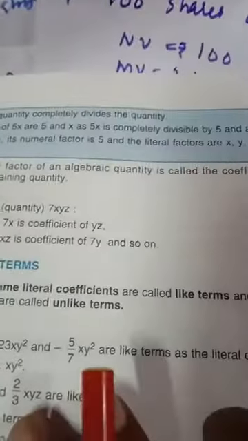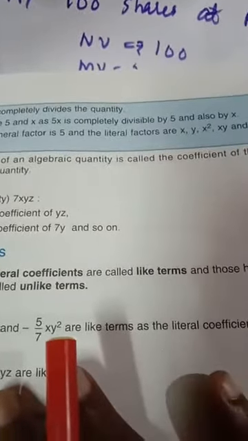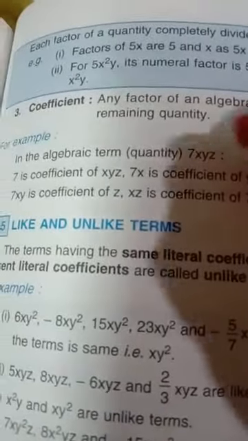Any factor of an algebraic quantity is called the coefficient of the remaining quantity. For example, 7xyz. 7 is the coefficient of xyz.